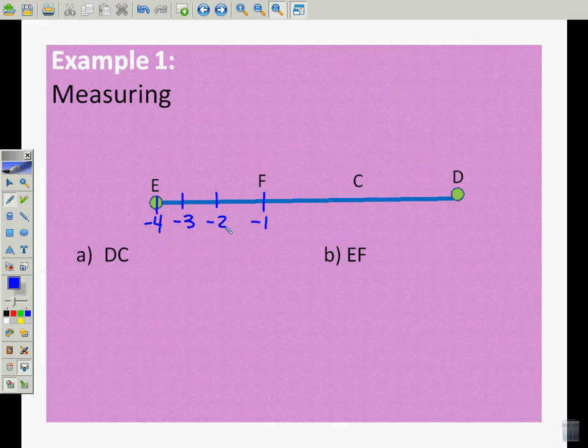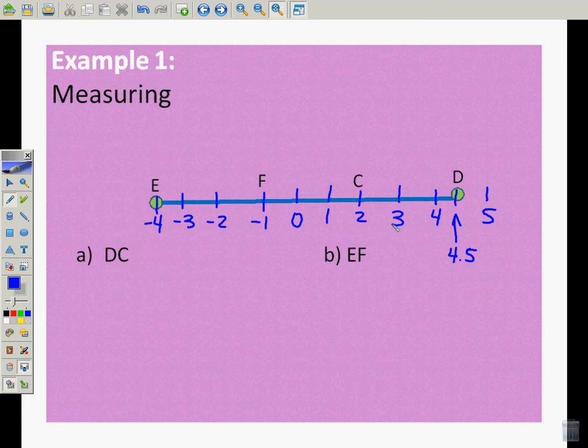C is going to be at 2. D is going to be here at, I'm going to try to confuse you here, 4.5. So see, on my number line, they don't necessarily have to always match up exactly, which is what it's going to be like in real life. This will be 0, 1, 2, 3, etc., etc.